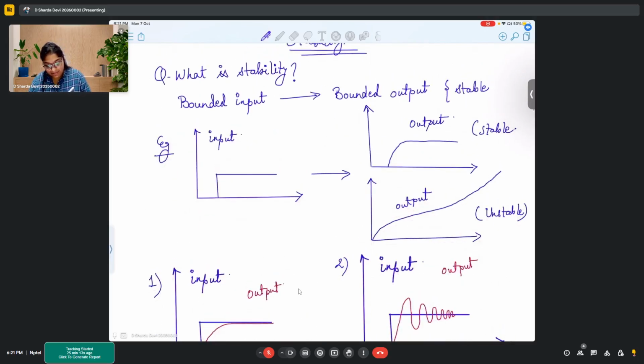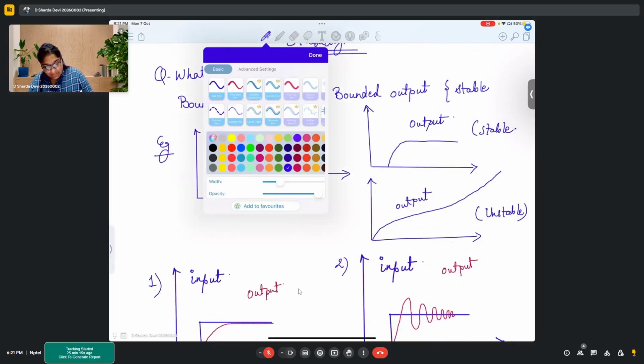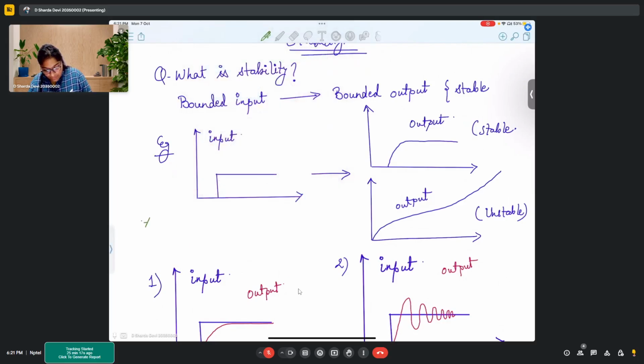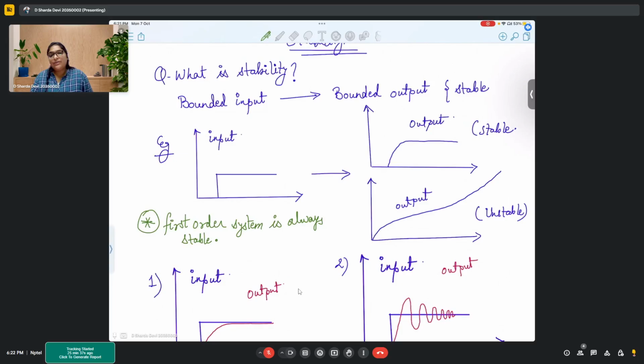So maybe I can write this down. First order system is always stable. Okay. The stability is a concern for higher order systems starting from second order.